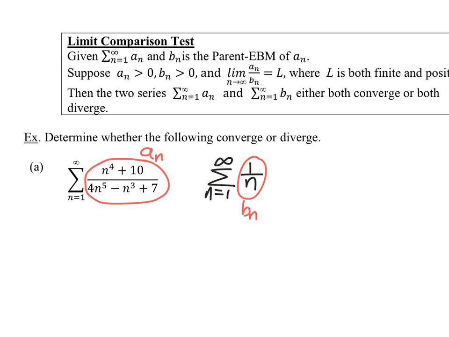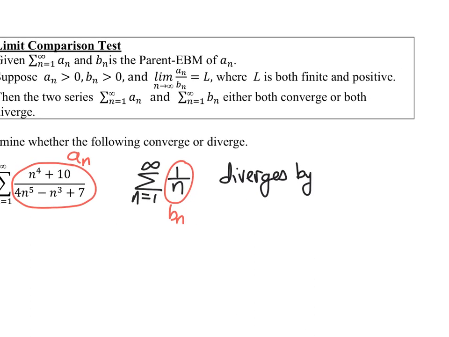It's all based off of what you can determine from the easier of the two series. And that's this one, which will diverge by the p-series test, because p is less than or equal to 1. Well, between 0 and 1, really.